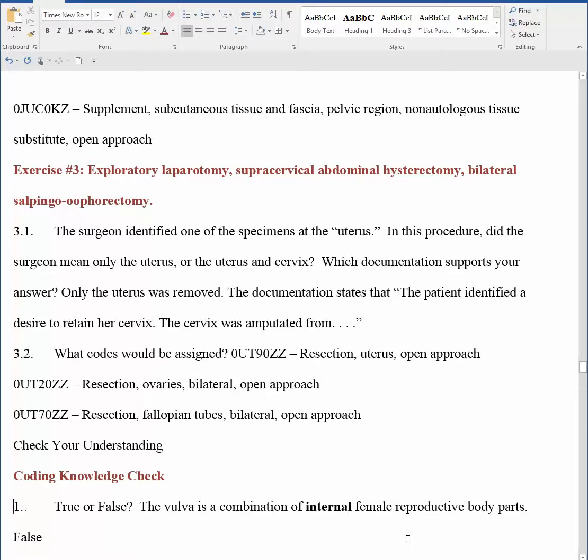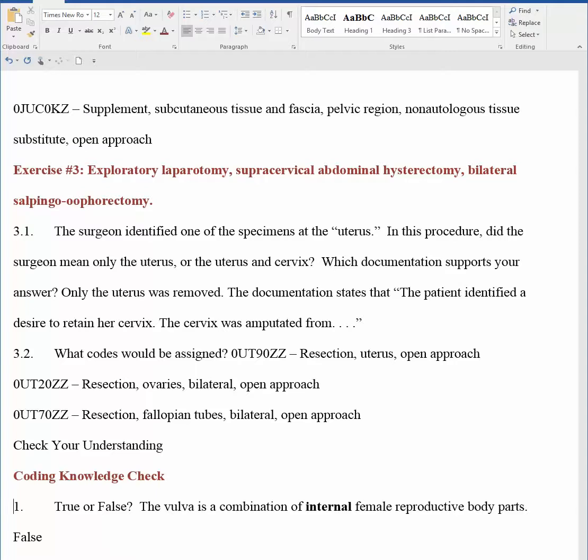Number 3 in that section, patient has an exploratory laparotomy with a supracervical abdominal hysterectomy and a bilateral salpingo-oophorectomy. You have 2 questions asked. Surgeon identified one of the specimens as the uterus, in quotation marks. In this procedure, did the surgeon mean only the uterus or the uterus and the cervix?